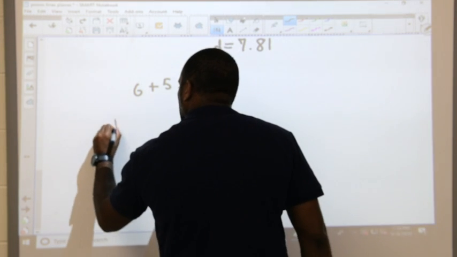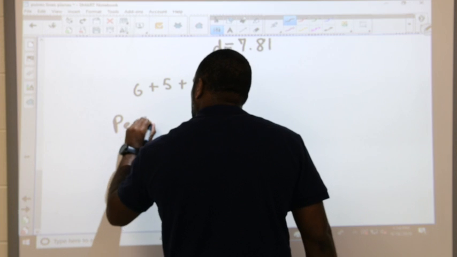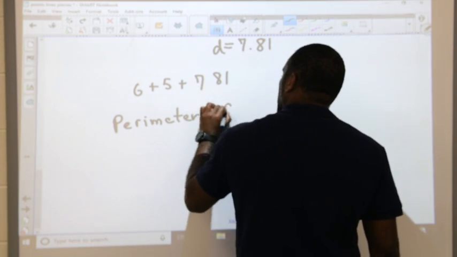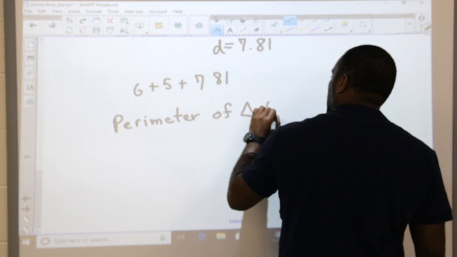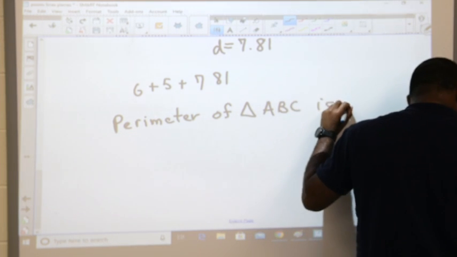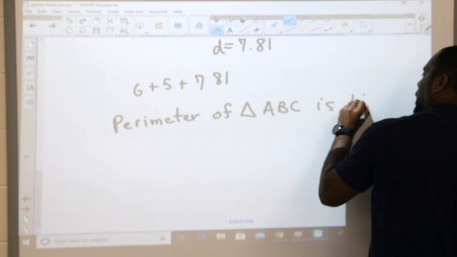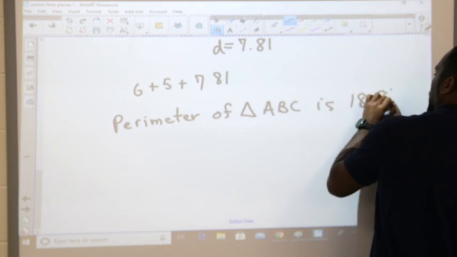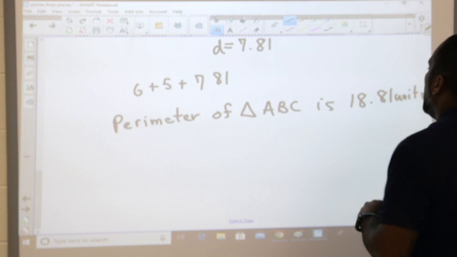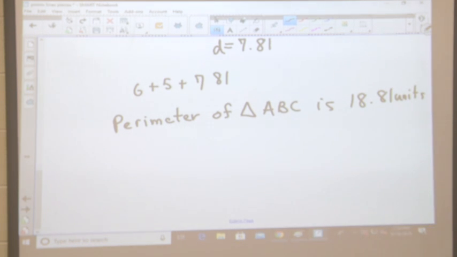And our perimeter of triangle A, B, C is 18.81, and we didn't know what the units are, so 18.81 units. That's how I would write that out, just like that.